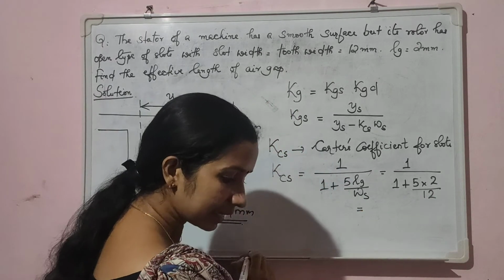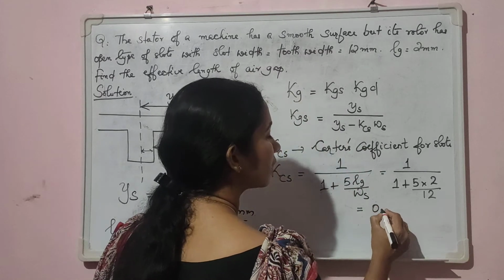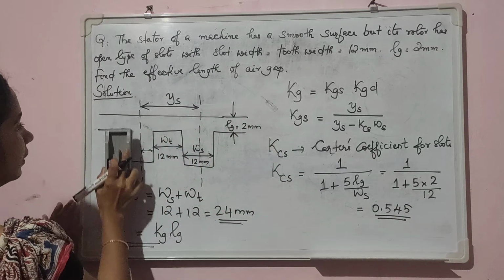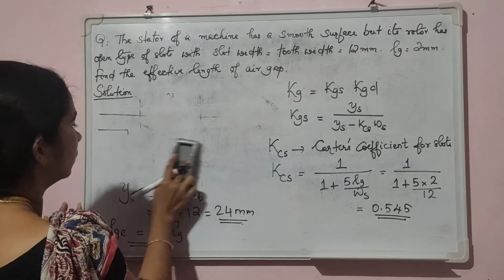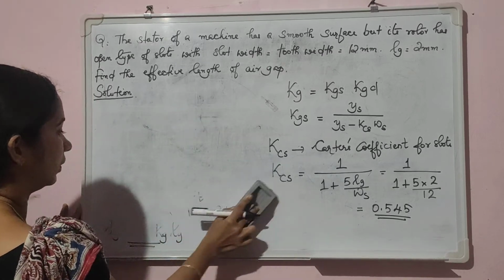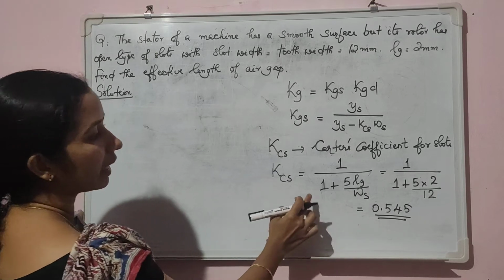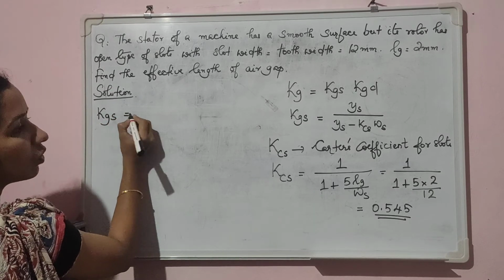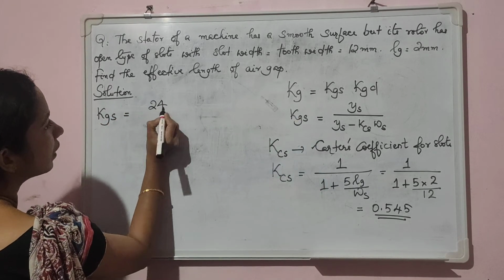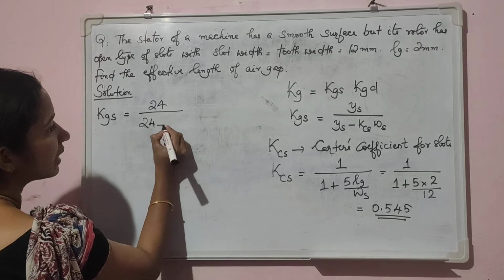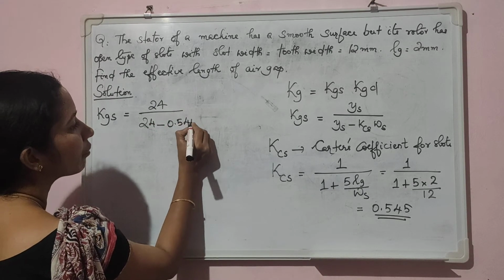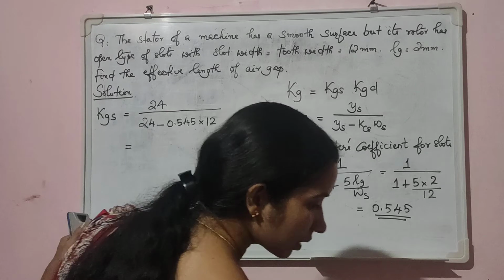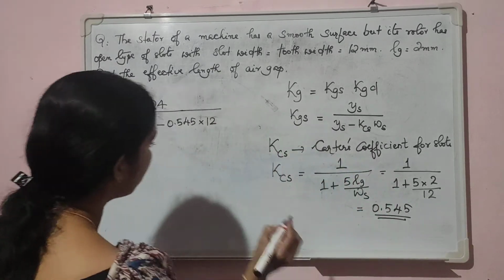We will get the value of kcs as 0.545. Now substitute the value of kcs here. We will get kgs as Ys, that is 24, divided by Ys minus kcs, that is 0.545, into Ws, which is 12 mm. So kgs will be obtained as 1.37.